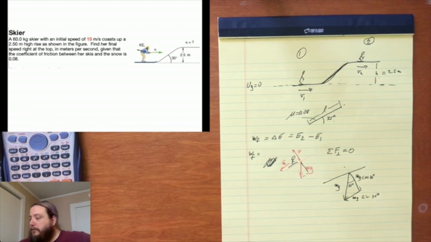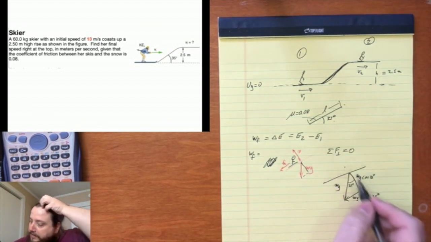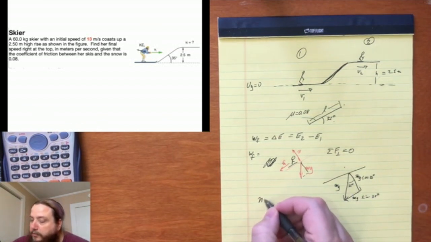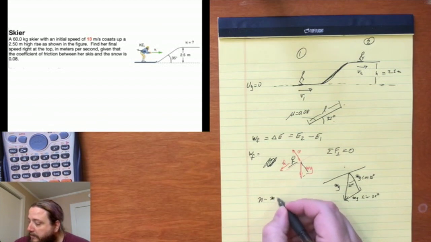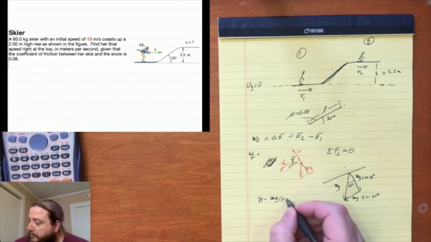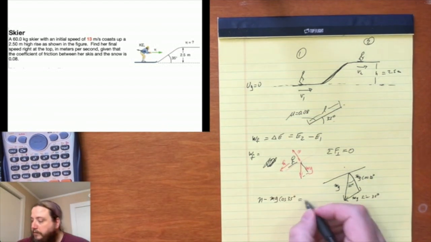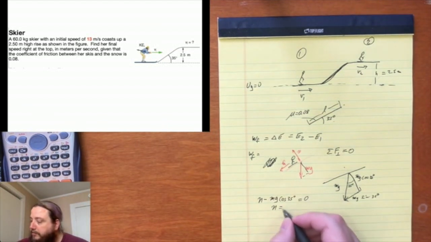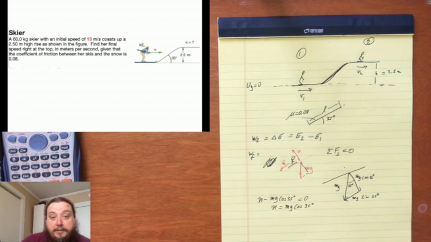All right, so the sum of the perpendicular forces is going to be the normal force minus mg cosine of 35 degrees, and that's got to be equal to 0. So in other words, the magnitude of the normal force is mg cosine of 35 degrees, not just mg in this case, because she's going up the slope at an angle.